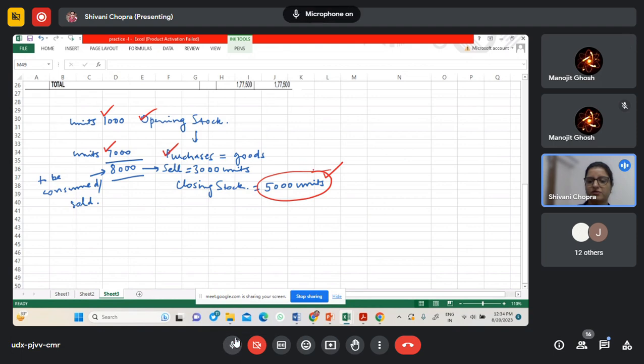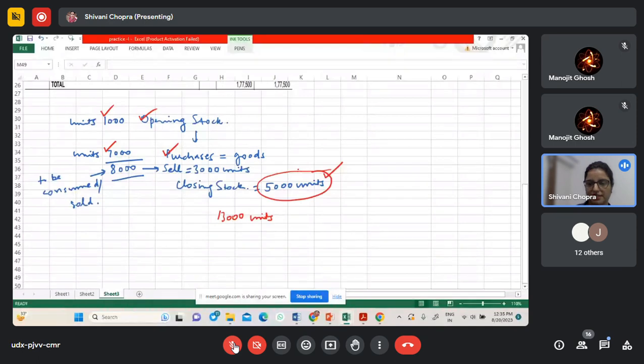If I count 5,000 again, I will be indicating that in total I had 8,000 plus 5,000, that is 13,000 units. Whereas in reality, how many units did I actually have during the year? I had 8,000 units, out of which 3,000 have been sold. That's the reason why I have a closing stock of 5,000, right?